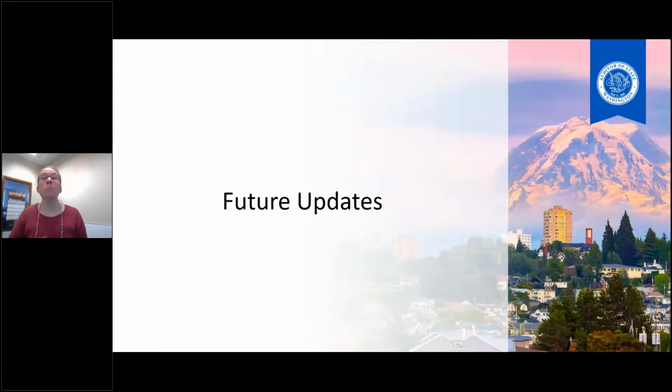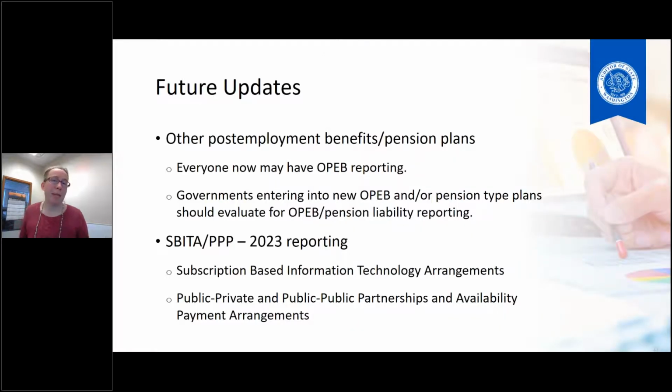All right, moving on to future updates. This first one may seem weird to have in future updates because we've already implemented it. And that is other post-employment benefits, also known as OPEB, and pension plans. The reason it is here is because we have heard and have had questions of governments entering into new agreements with their employees that could qualify as OPEB or pension plan items and would need to be reported as such.